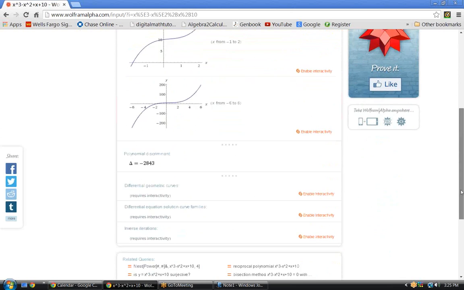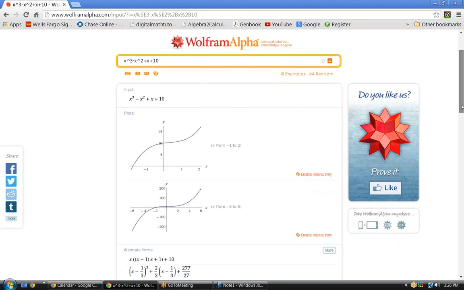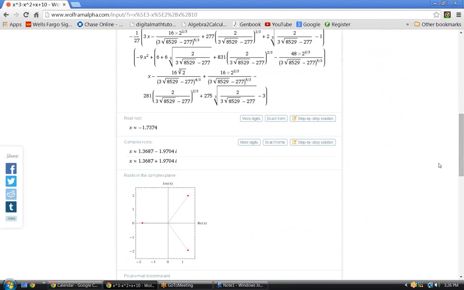So notice, it should be giving me the solutions here shortly. It also gives you the zeros. And here are our zeros. Approximately negative 1.73. Well, that's not a rational number. That is an irrational number. So this particular problem that I made up off the cuff has one real solution, an irrational solution, and it has two imaginary solutions.